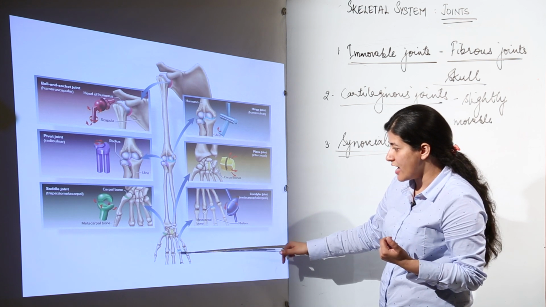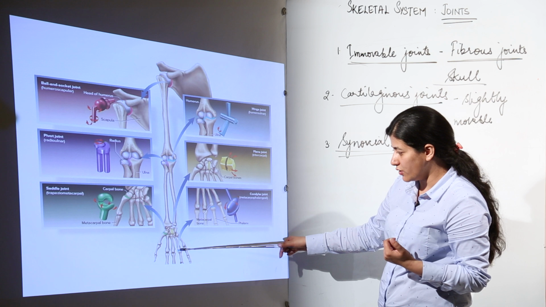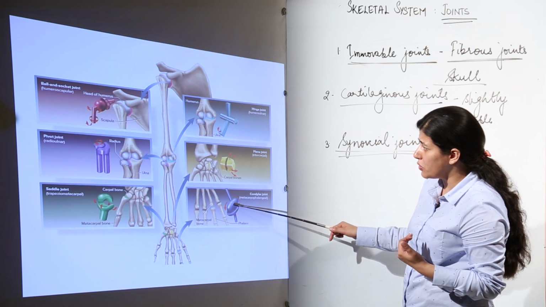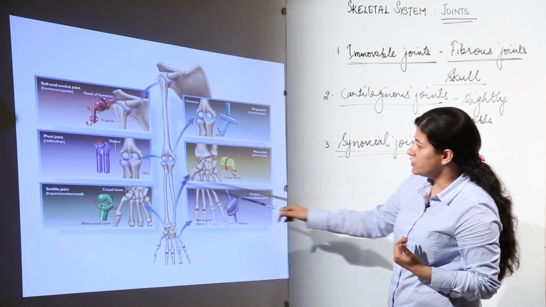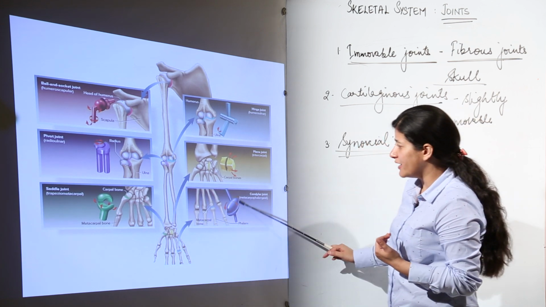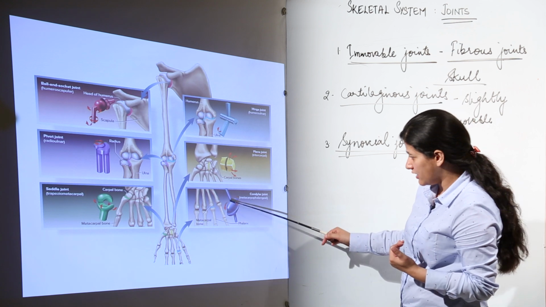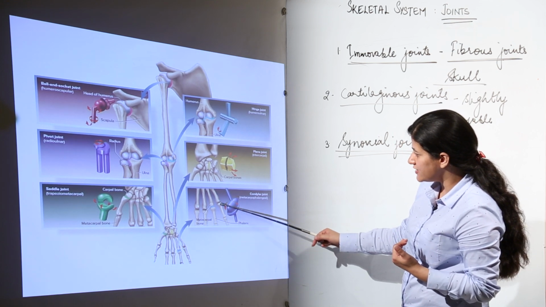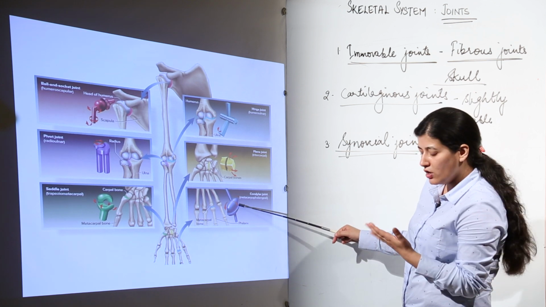The metacarpal bones are going to have the condylar joints, and the movement would be somewhat similar to that of the saddle joint, but there won't be four directions. The metacarpal bone and these phalanges are joined by the condylar joint.